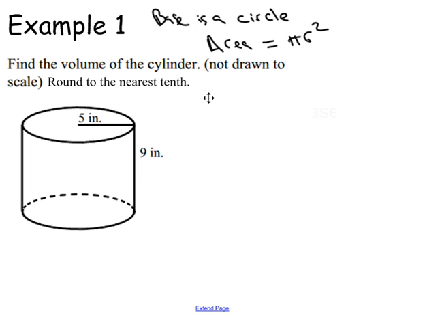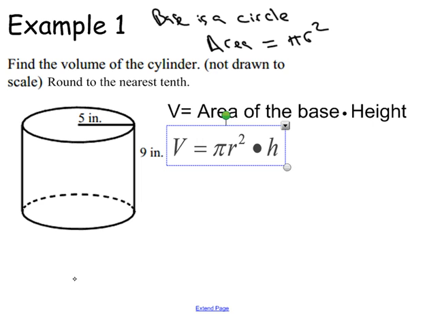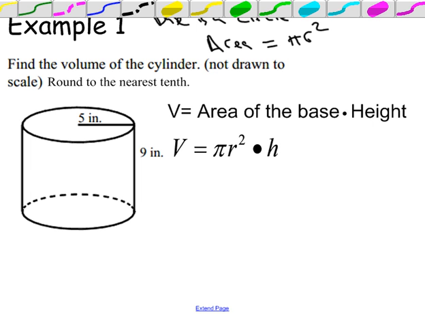All right, now let's find the volume. So the volume is the area of the base times the height. So the formula for volume is pi r squared times the height, which makes sense if you think about it, right? Because you got to find the area of one of the circles.